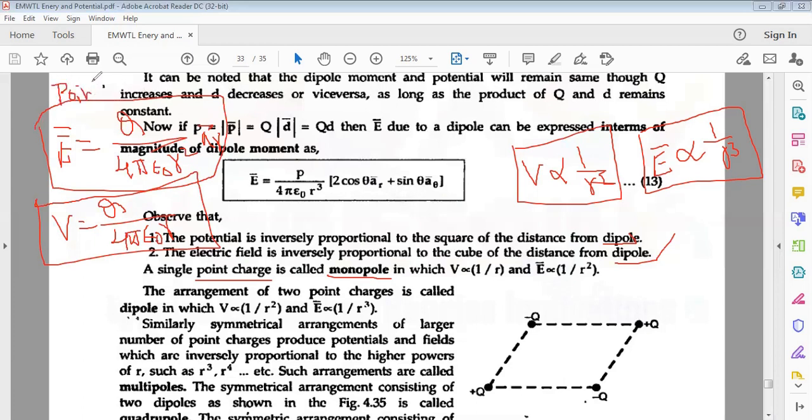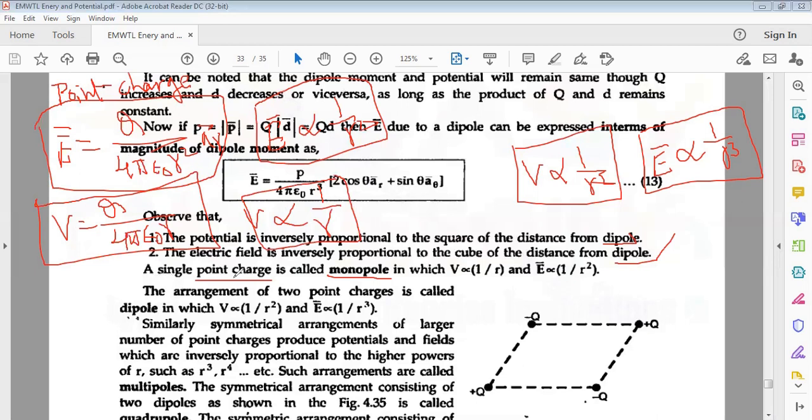This is a point charge, my dear students. E bar is inversely proportional to R square, and the potential is inversely proportional to the distance R.